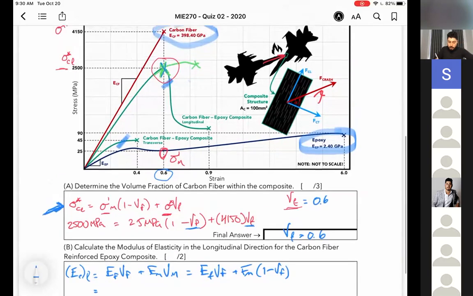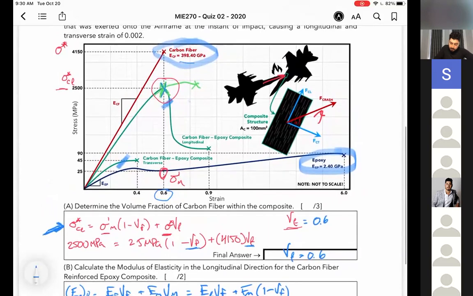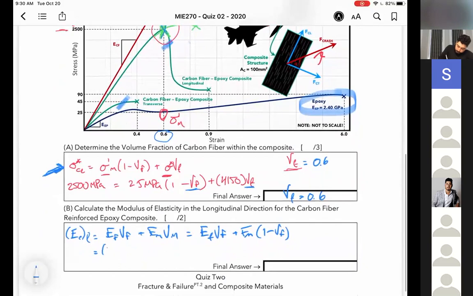The modulus of the fibers is given as 398.4, so 398.4 times 10 to the 9 pascals times VF, which is 0.6, plus EM, which is 2.4 times 10 to the 9 pascals, and again that's times 1 minus 0.6. Plug that into your calculator and you're going to get what?